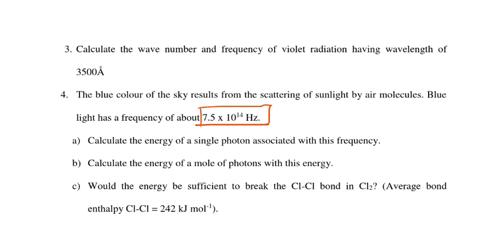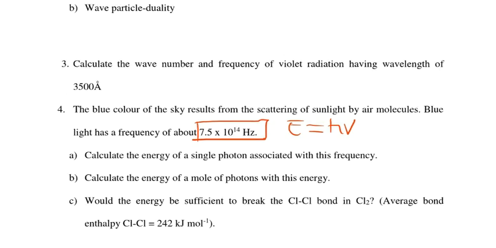The energy of the photon is given by E is equal to hv. In this equation, the h is called Planck's constant, and v is representing the frequency. For us to determine the energy of a photon, we're going to use this very equation.